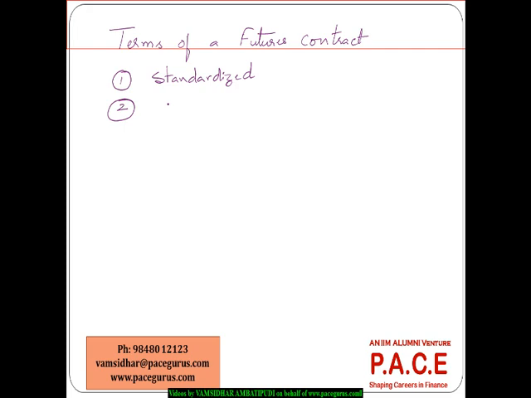So as far as the delivery date is concerned, generally what we see for the majority of futures contracts is there is a delivery month instead of a date. So probably we may talk about saying April futures.